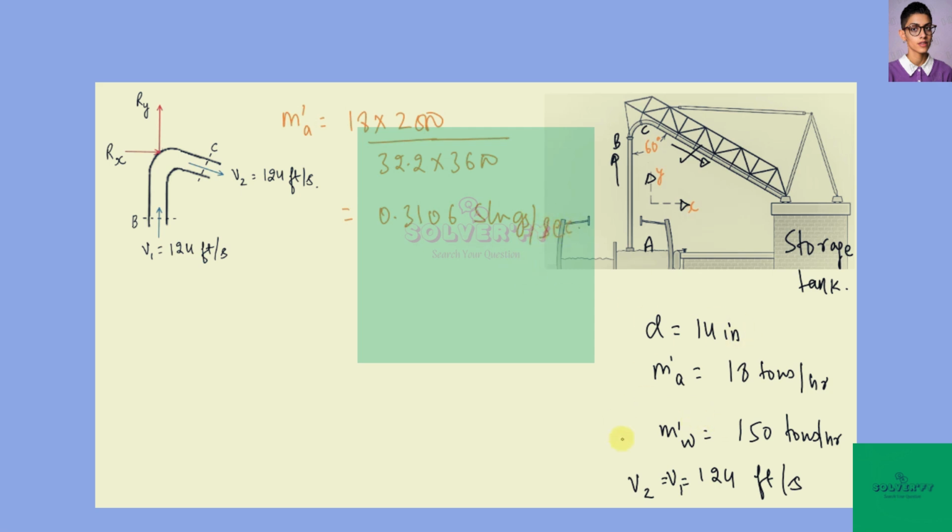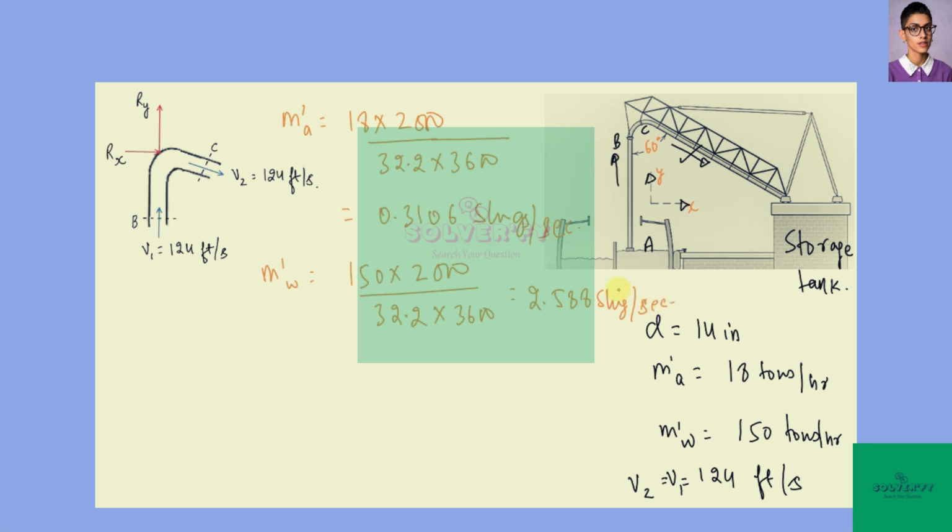Similarly, we can convert m dot w. So m dot w will be equal to 150 times 2000 divided by 32.2 times 3600. So we get this value to be nearly 2.588 slugs per second.